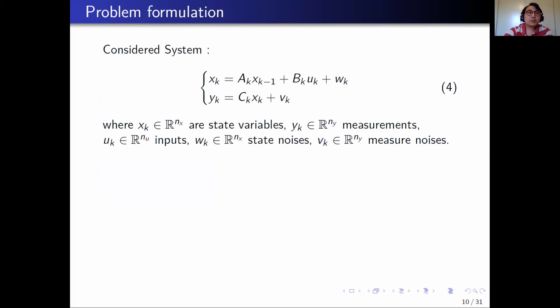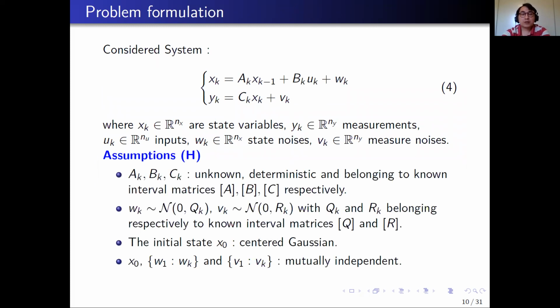Now we go to the problem formulation by considering the following discrete-time linear system in which x_k are state variables, y_k measurements, u_k inputs, w_k state noises, and v_k measurement noises.